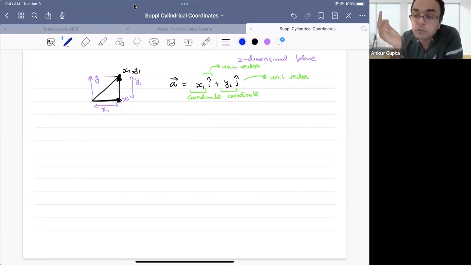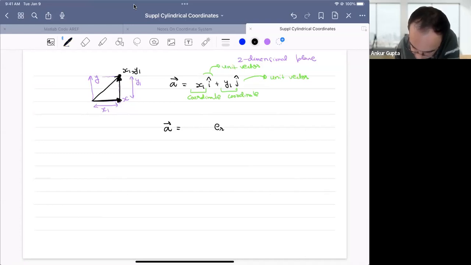The other approach is to change my unit vectors from i hat and j hat to e_r hat and e_theta hat. Instead, I will argue that there is a way for you to think of it as something times e_r hat plus something times e_theta hat.